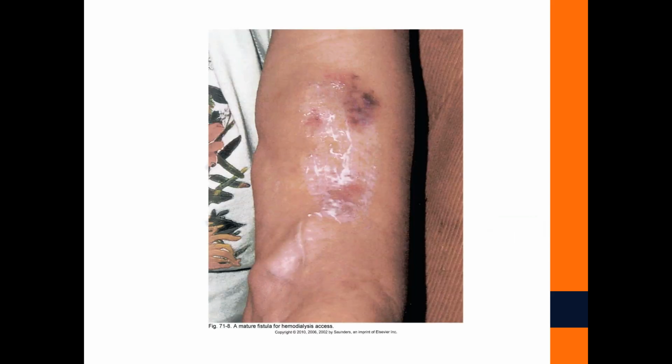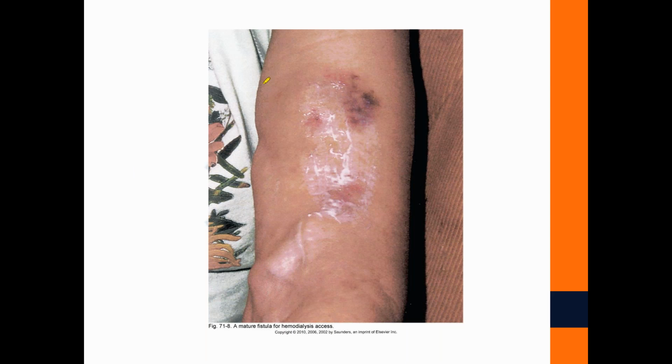And this is what it looks like on a person. You see all of these sort of strange looking things you have here, and it almost looks like there's a hose running under this patient's skin. That is this patient's lifeline to the world. This is their mature hemodialysis fistula. This is how they receive their treatment, and that is what keeps them alive.